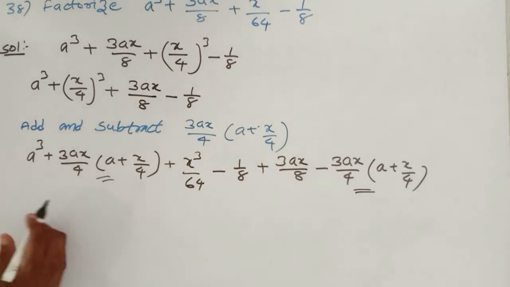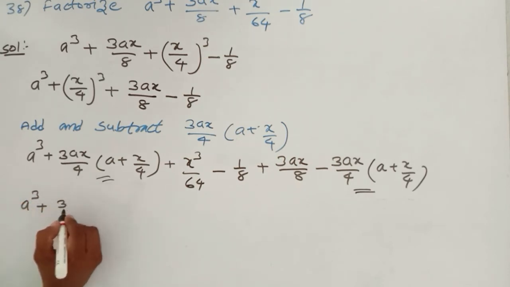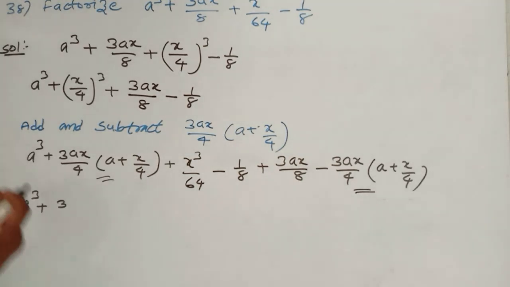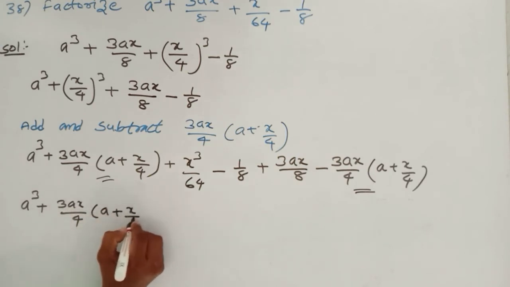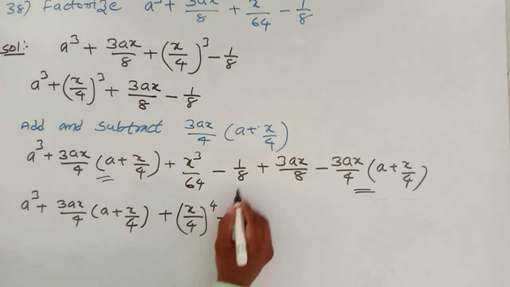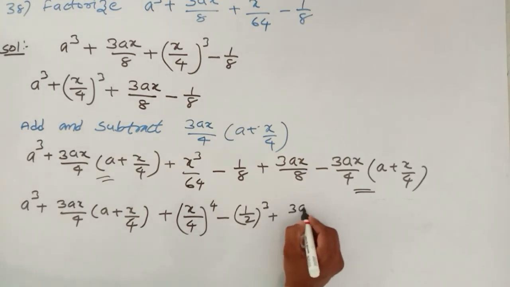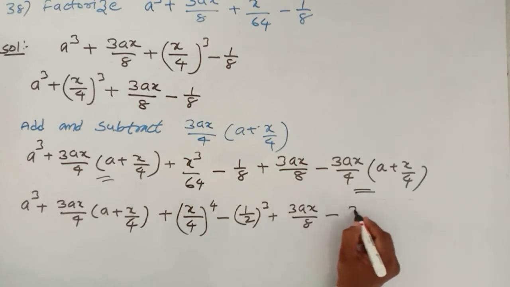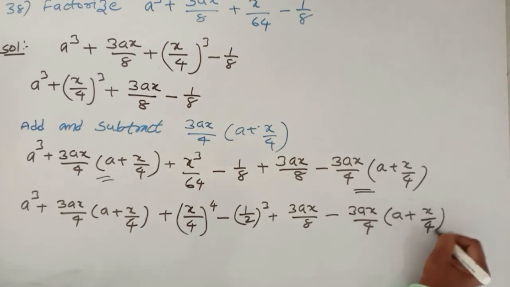So when I am simplifying this, I am going to get a cube plus 3ax by 4 into a plus x by 4 plus x cube, or x by 4 whole cube, minus 1 by 8, I am expanding it to 1 by 2 whole cube, plus 3ax by 8 minus 3ax by 4 into a plus x by 4.